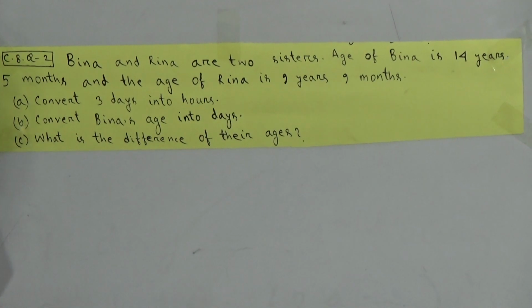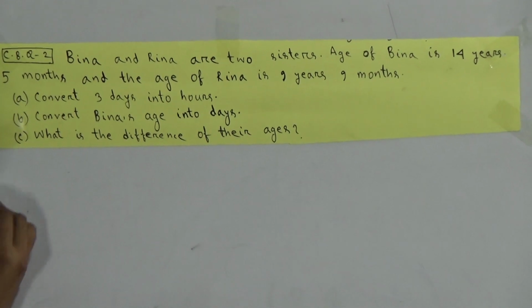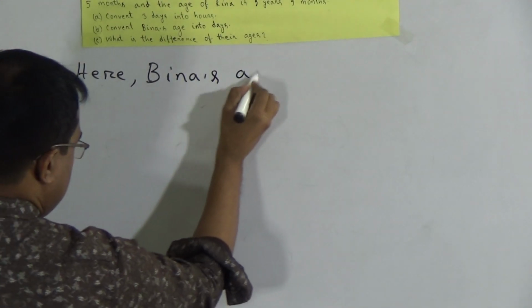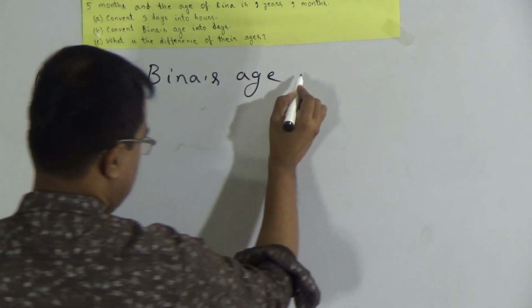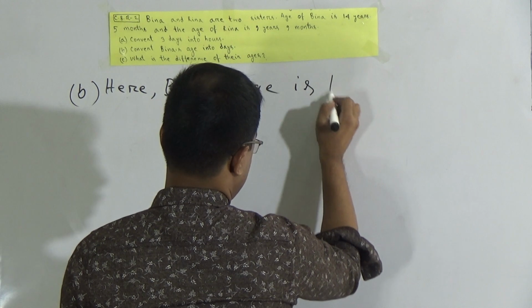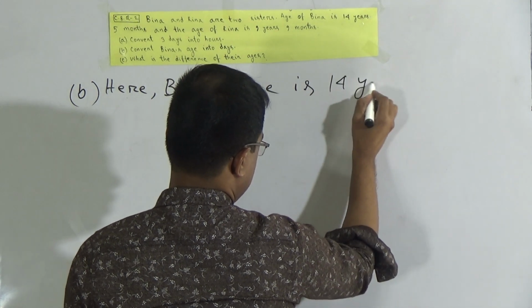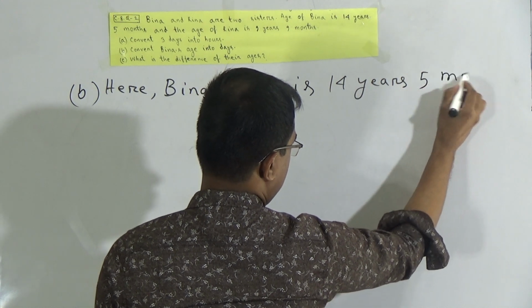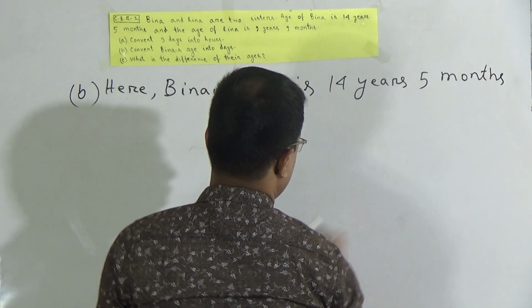B number. Here Bina's age is 14 years 5 months.